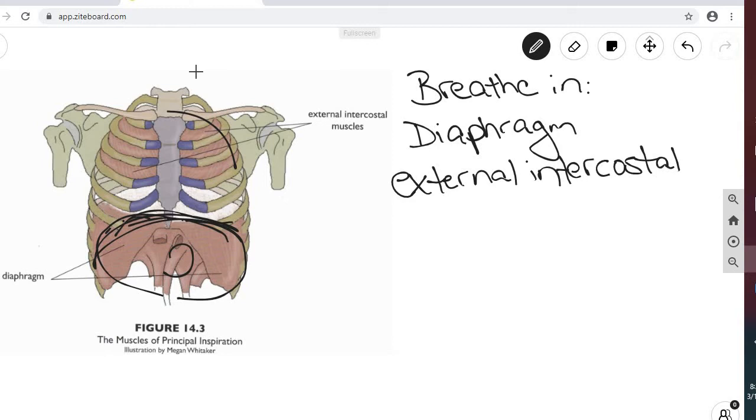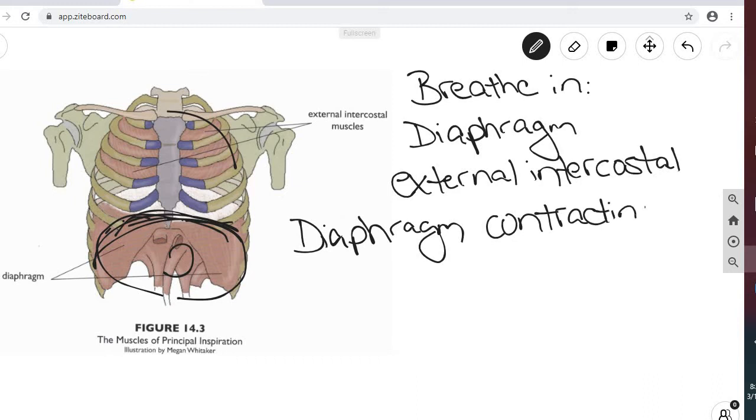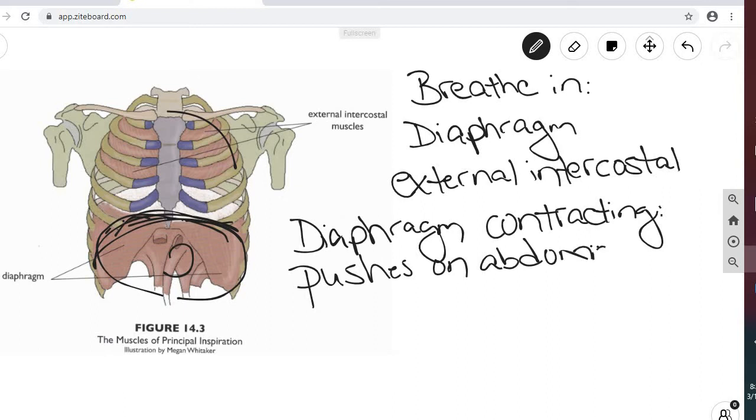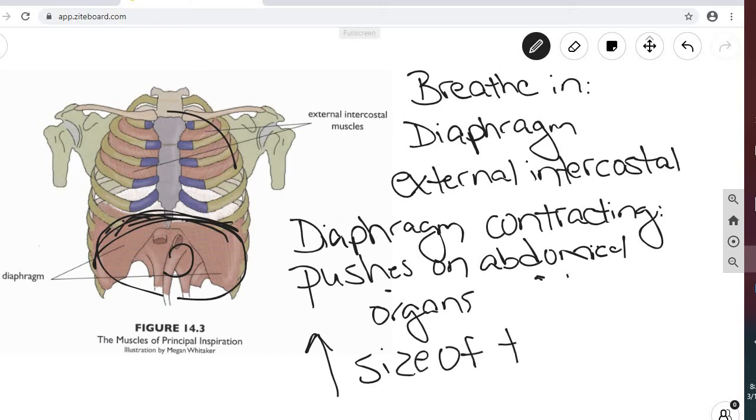So when the diaphragm contracts, it pushes on your abdominal organs, and that increases the size of the thoracic cavity, or the chest cavity.